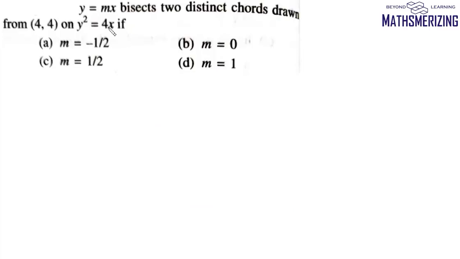Now here the question is, we need to find the values of m so that this line y = mx bisects two distinct chords drawn from (4, 4) on y² = 4x. Now this point lies on this parabola y² = 4x. So we'll draw this parabola.